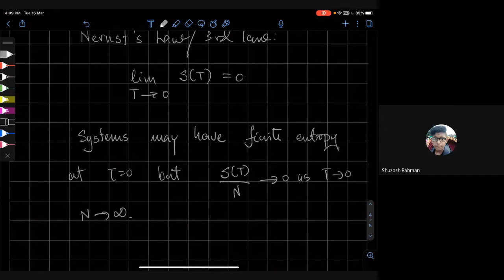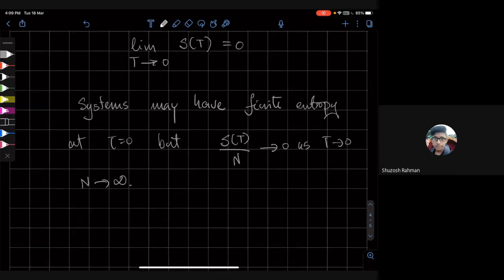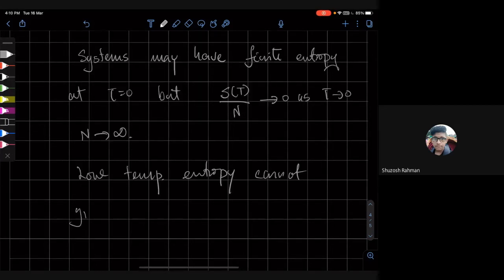Which means that at low temperature, entropy cannot grow extensively.